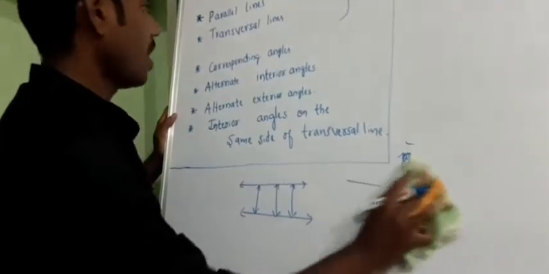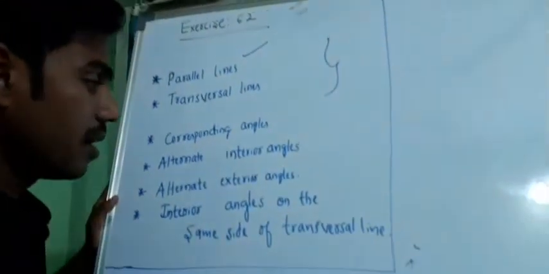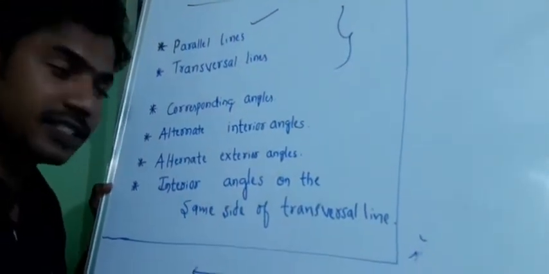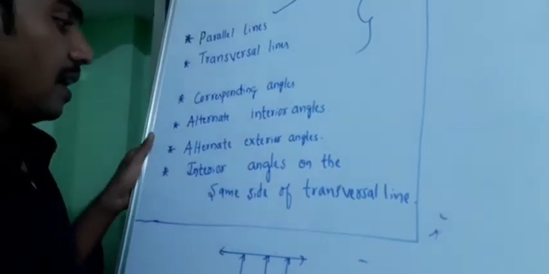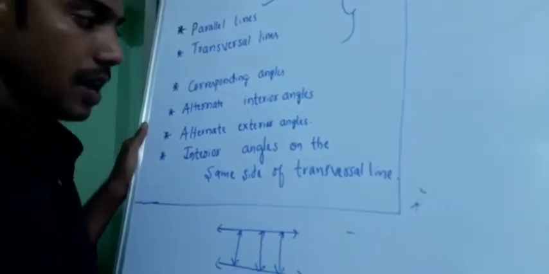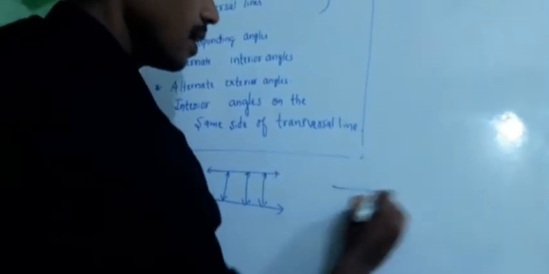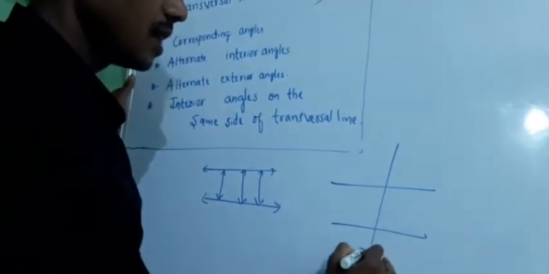Now, we'll understand what are corresponding angles, what are alternate interior angles, what are alternate exterior angles, interior angles on the same side of a transversal line. See, two lines. This is a transversal line.